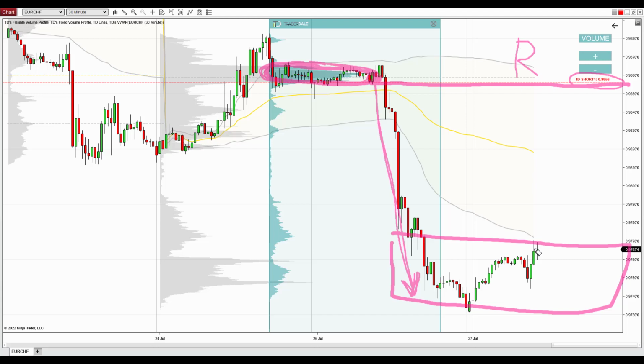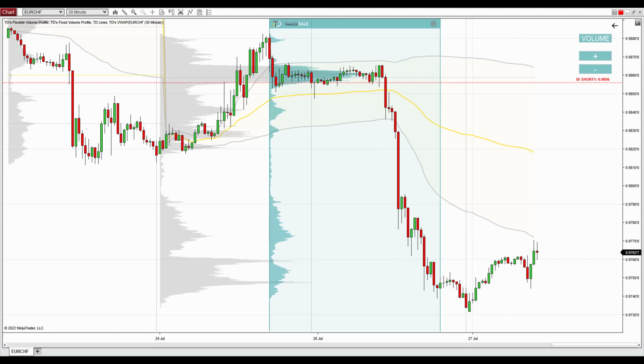When the price makes a pullback to that resistance at some point in the future, it doesn't need to be today or tomorrow, it doesn't even need to be this week, then it is likely that the sellers from this place will want to defend this heavy volume zone, which is clearly important for them because they placed a lot of their shorts there, and they will want to push the price downwards from there again, right? To defend their shorts, to defend this important zone. So that's why it should work as a strong resistance.